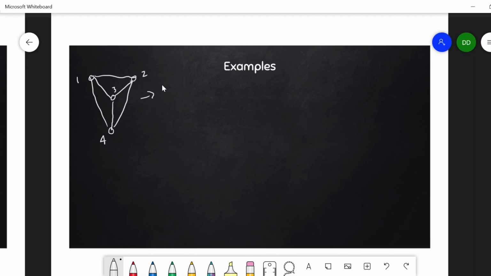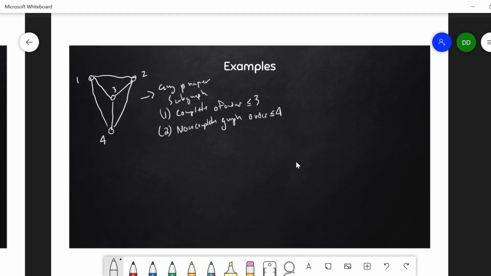But if I look at any proper subgraph, well, if I remove a vertex, I either get a complete graph of order less than or equal to 3, or I get a non-complete graph of order at most 4.